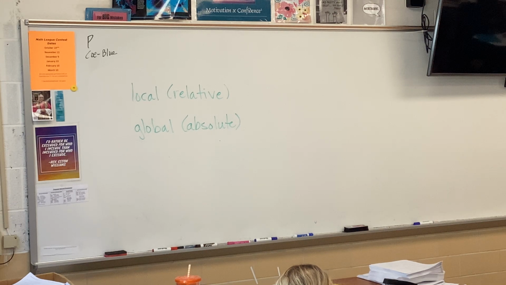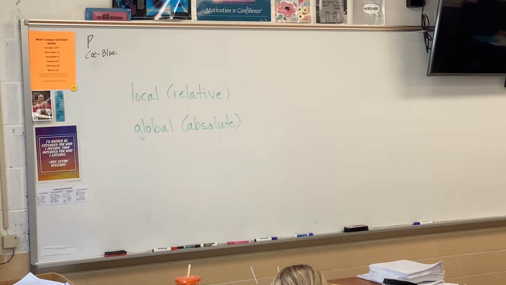So you have a local minimum at -4. What do you have at -2? A local maximum. What do you have at 0? A local minimum. And what do you have at 3? A local maximum. Okay, so you okay with that?